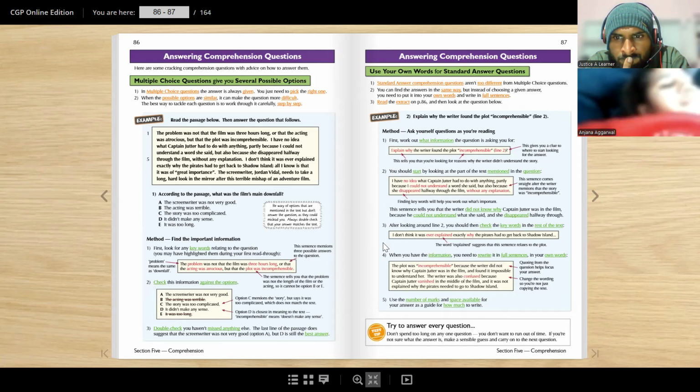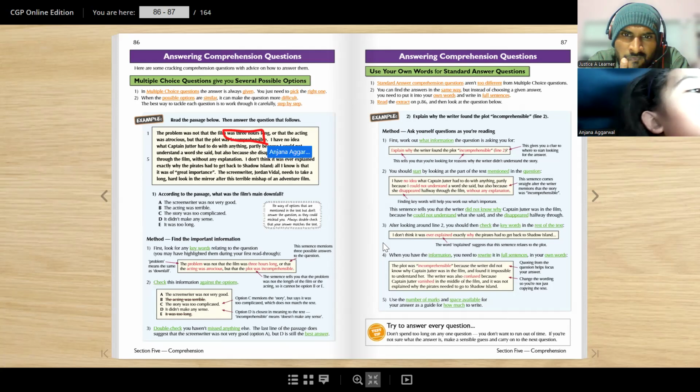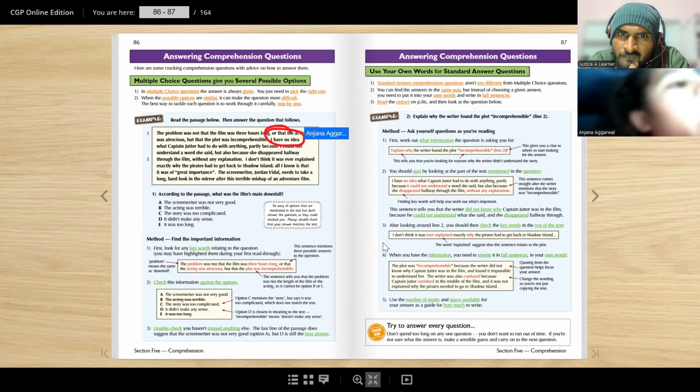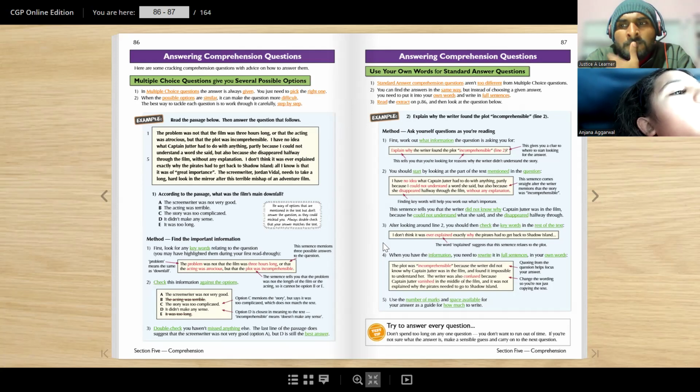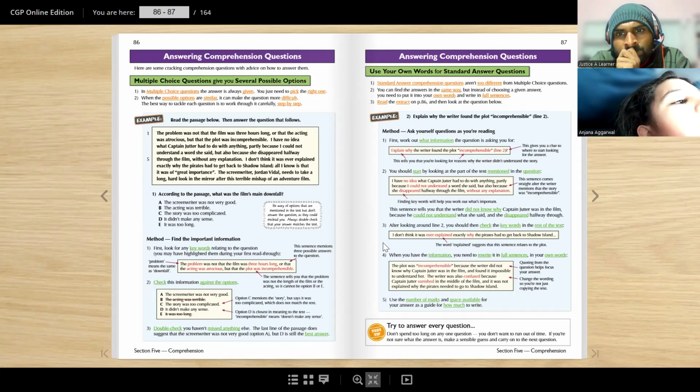So I think that in the passage it says it's too incomprehensible because there's no idea why this person had to do with anything in the film, because she disappeared halfway through the film, so he didn't really understand why, and it never explained why the pirates needed to go back to the island.